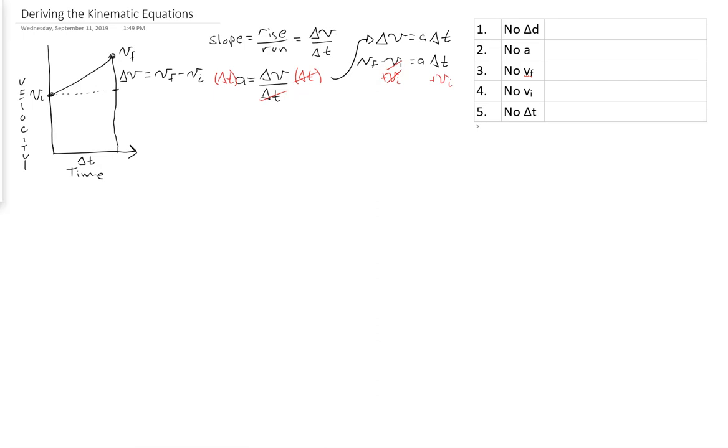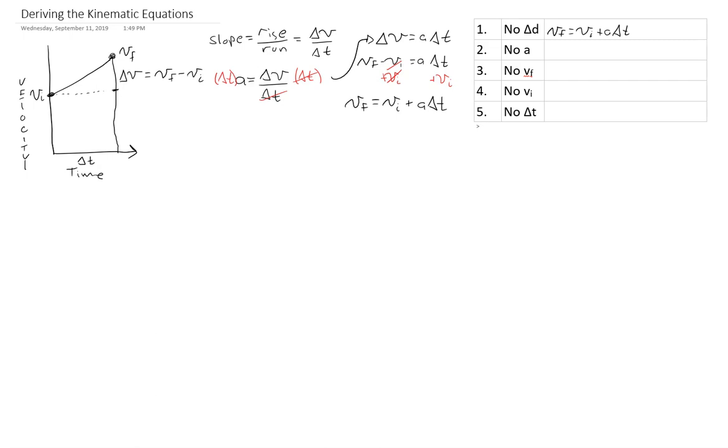And once I've done that, I now have my first kinematic equation. Final velocity is equal to initial velocity plus acceleration times time. So I'm going to put that in here. You'll notice it has all 5 of the things except no distance. So I'll put it in this first one. Final velocity is equal to initial velocity plus acceleration times time.